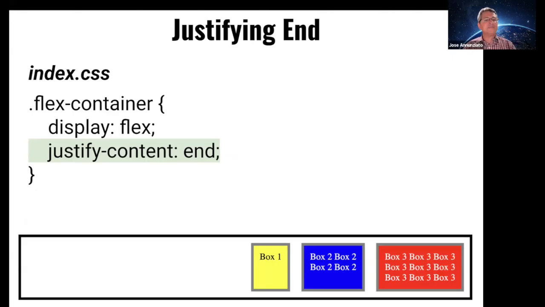And the reason is that start and end are terms that are more generic, and can be interpreted differently depending on your culture. For instance, from our Western culture, we tend to read from left to right.